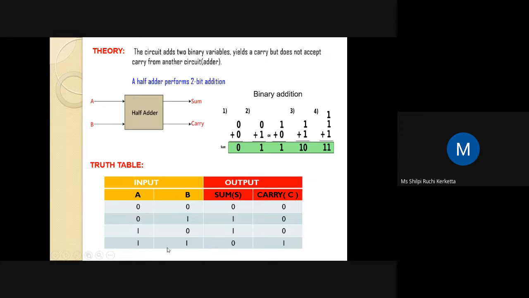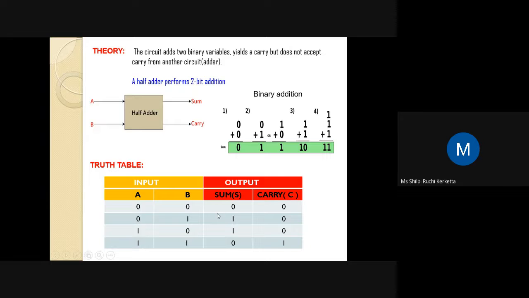But if we add 1 plus 1, we get a 0 and this 1, 0. What is this 1? This is a carry. So we have written sum as 0, and the carry we get as 1. This is how we get the half adder. This is the theory for half adder.